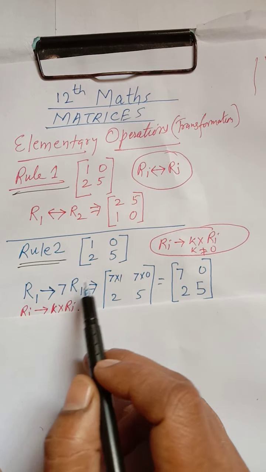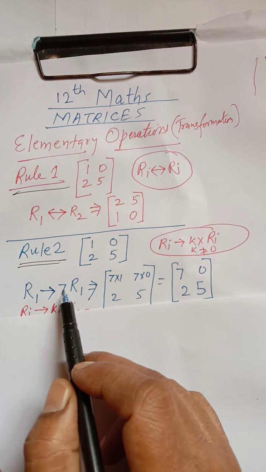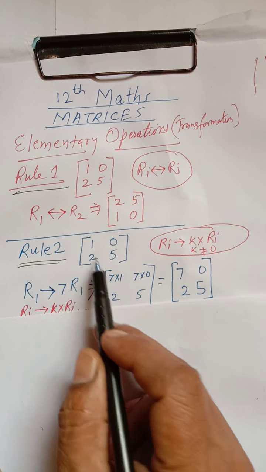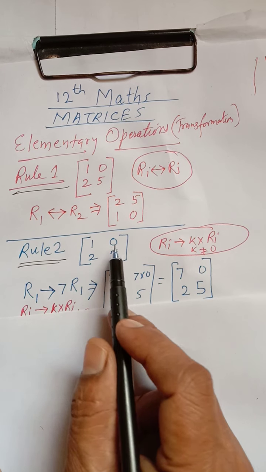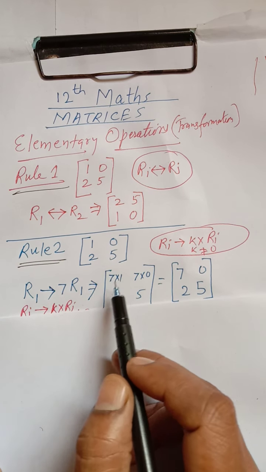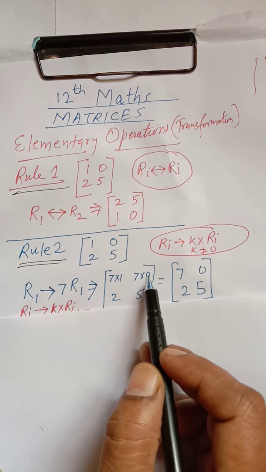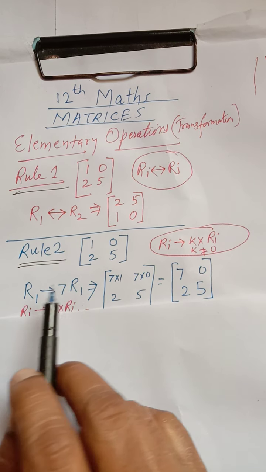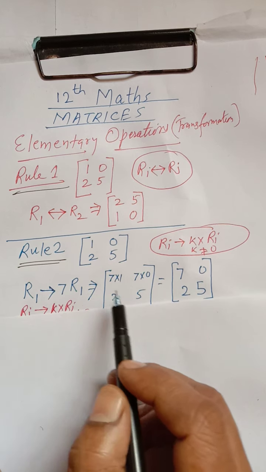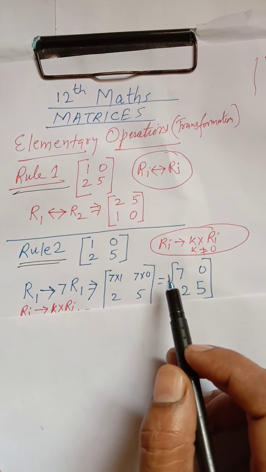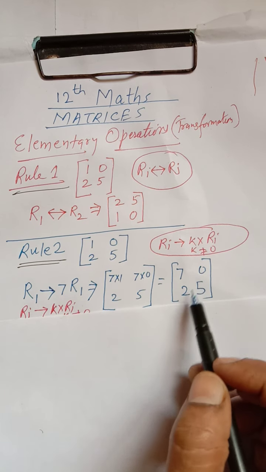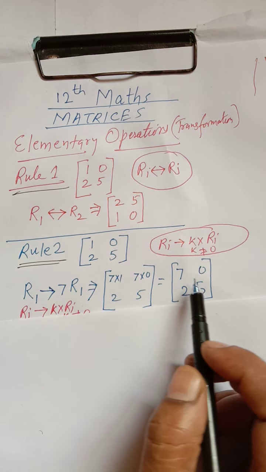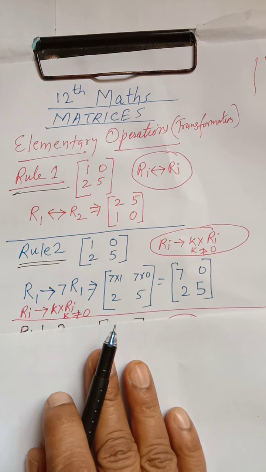So row 1, 1 0, multiplied by 7 gives 7 into 1, 7 into 0. And since we are operating on R1, R2 we are not changing; we will write R2 as it is. So it becomes 7, 0, 2, 5.